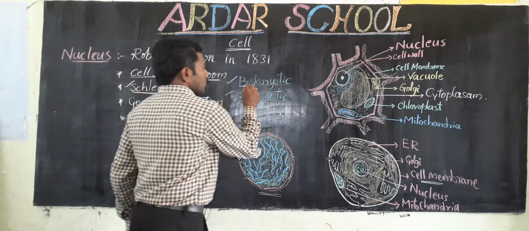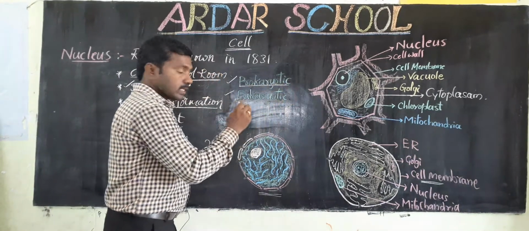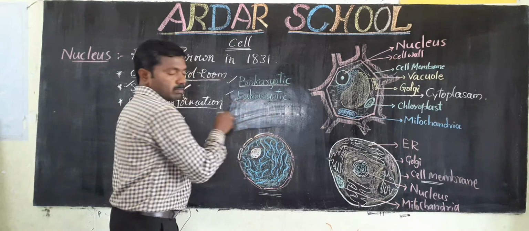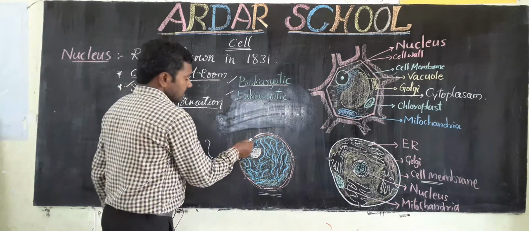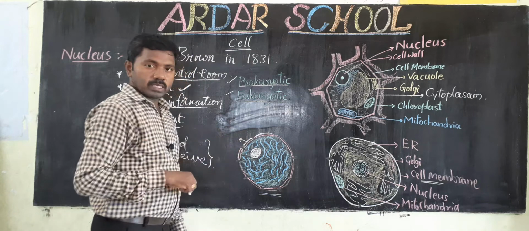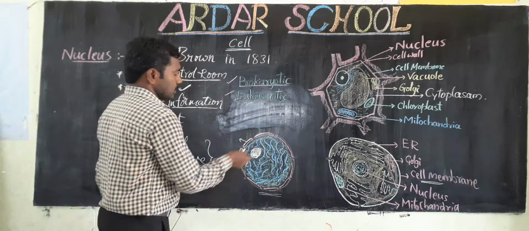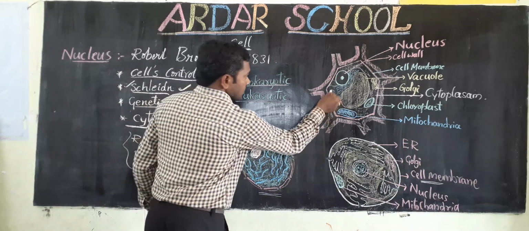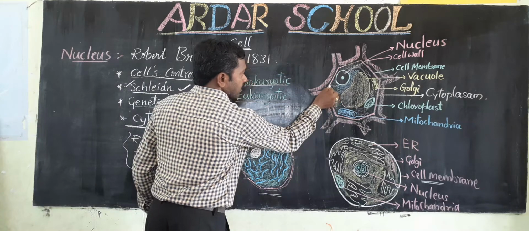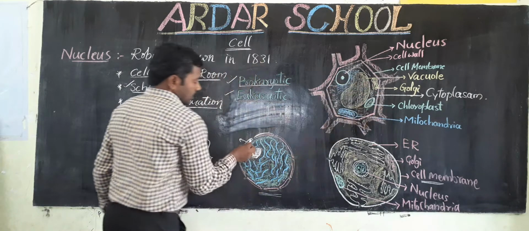Here in prokaryotes, the nuclear membrane is absent. Why? Because inside the plasma membrane we can observe the cytoplasm.